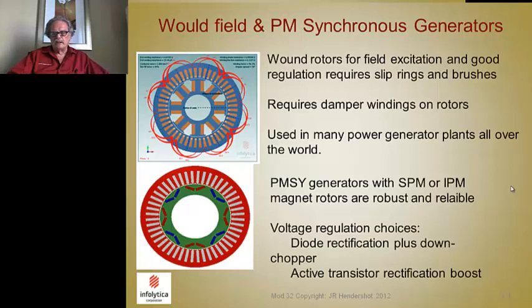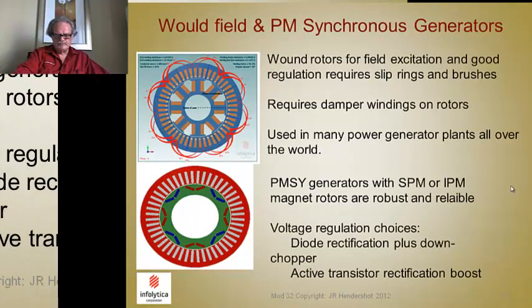The wound field generators have been around a long time, and they're used in every jet engine flying in the world. They're the principal generators. They're wound field generators, and they use permanent magnet exciters to eliminate brushes and slip rings. So that's another aspect to this.